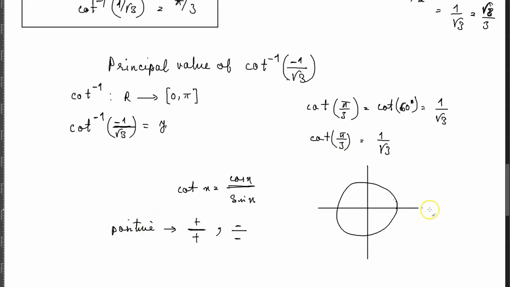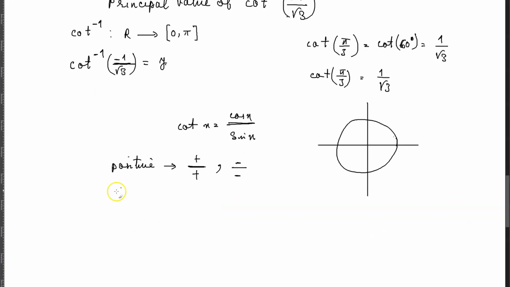Now, if a ratio becomes a negative value, then you have either a negative divided by positive or positive divided by negative.